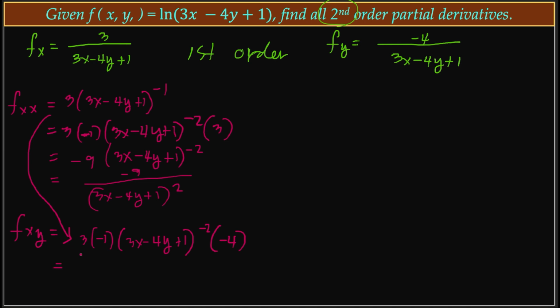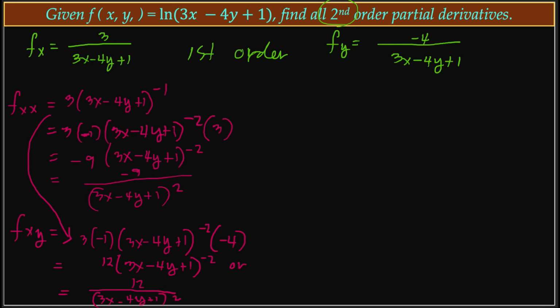So the answer will be 12 times, that will become 12 because you have negative 4, negative 1, so the negative times negative will become positive, and 3, so that will become positive 12 times 3x minus 4y plus 1 raised to negative 2, or if you will write that one in exponential form, that will become 12 over 3x minus 4y plus 1 raised to 2.